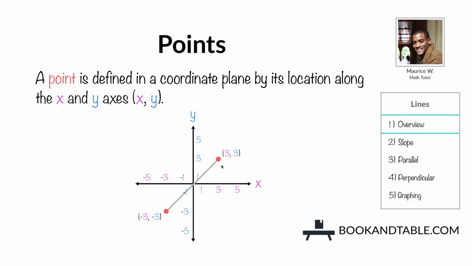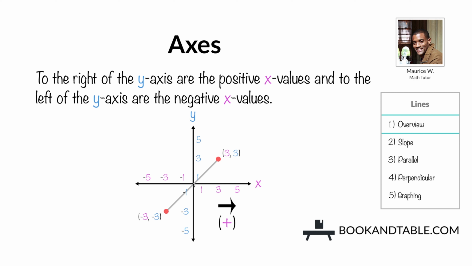Now, how do we know that these are positive? To the right of this y-axis are the positive x values, and to the left of the y-axis are the negative x values. So here we have our positive values as we move away from the origin. And here we have our negative x values as we move to the left.